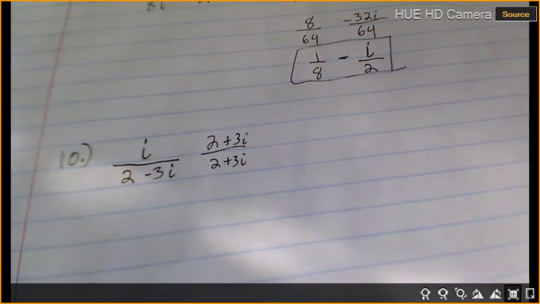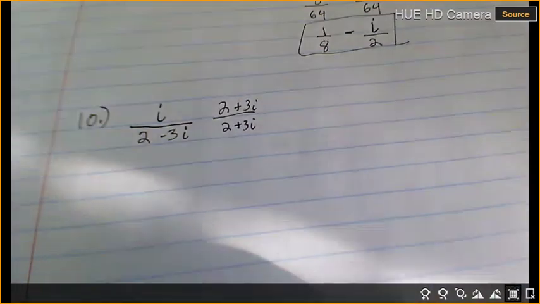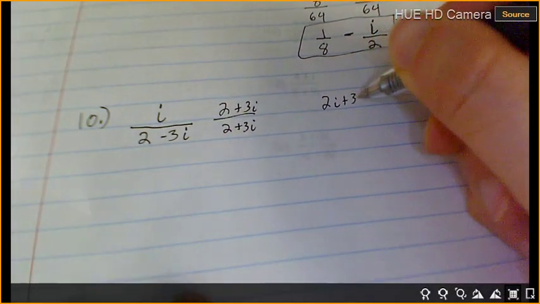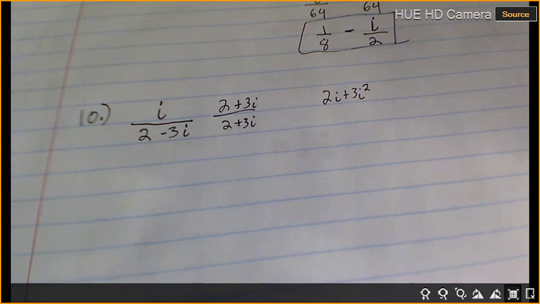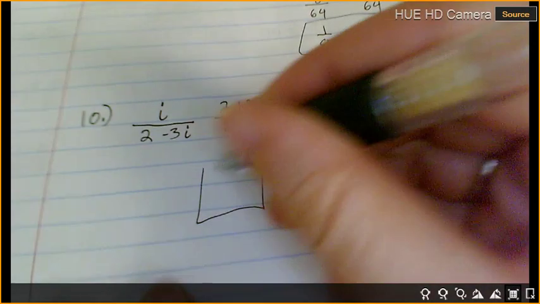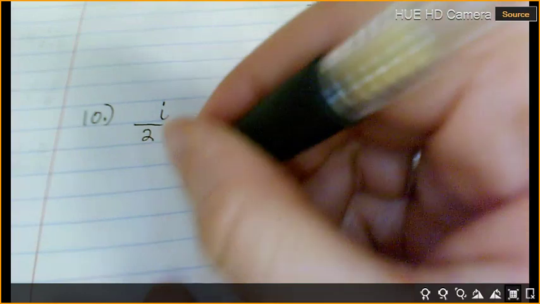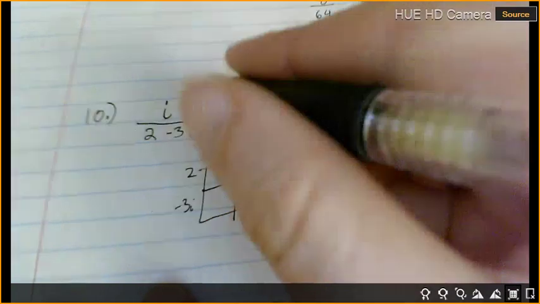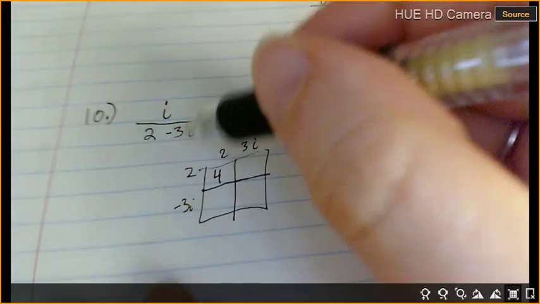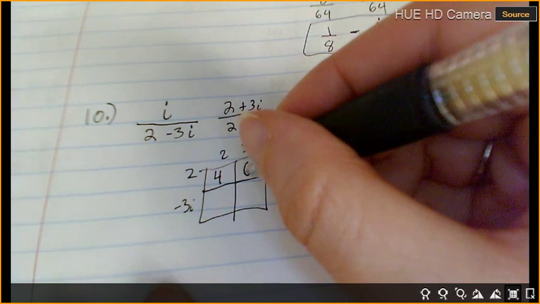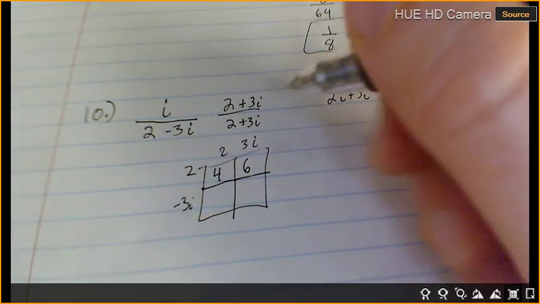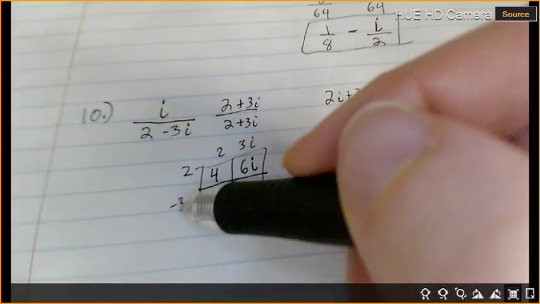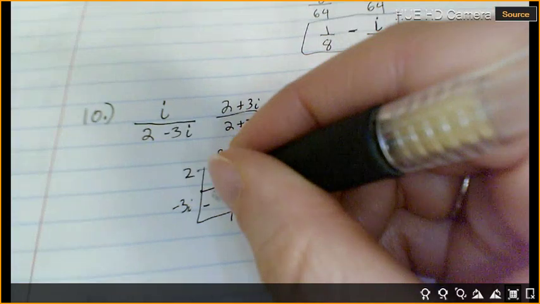For the top, we could just distribute, but for the bottom, we're going to have to use the box method. So I'm going to get 2i plus 3i squared. And then for the bottom, I'm going to use the box. I've got 2 and negative 3i and 2 and positive 3i. 2 times 2 gives me 4. 2 times 3i gives me 6i. 2 times negative 3i gives me negative 6i.